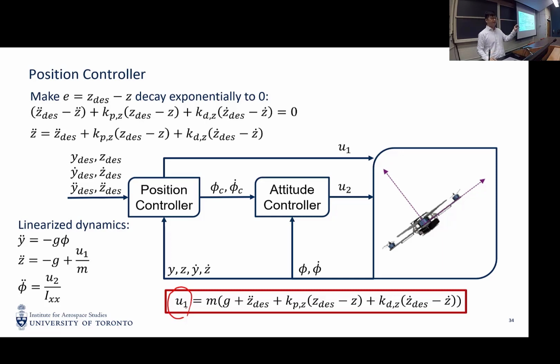So we can feed back the error between our desired altitude and actual altitude and convert it into a thrust command, such that we can adjust the equilibrium thrust a little bit to control the up and down motion of the quadrotor.